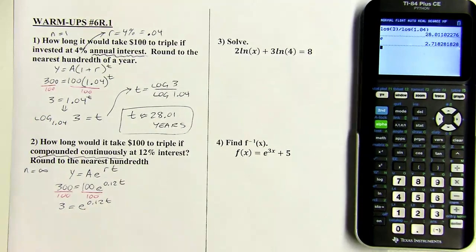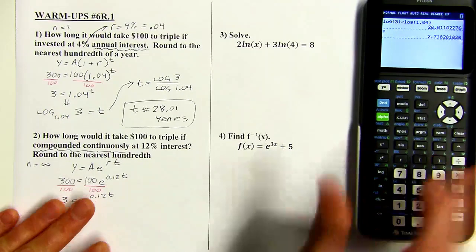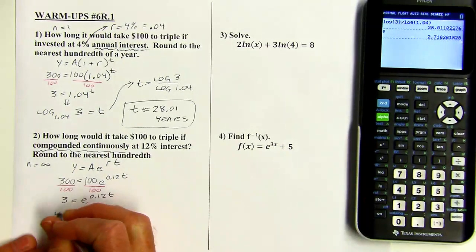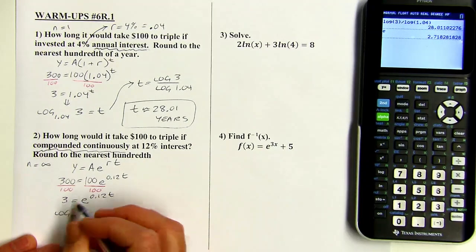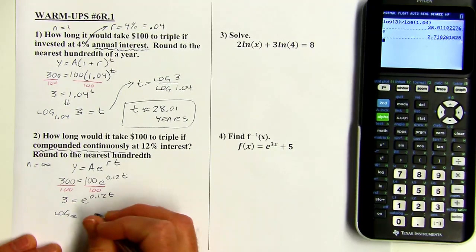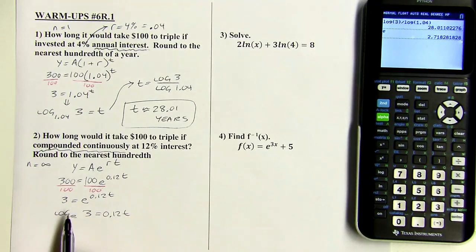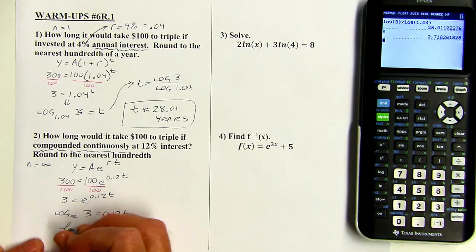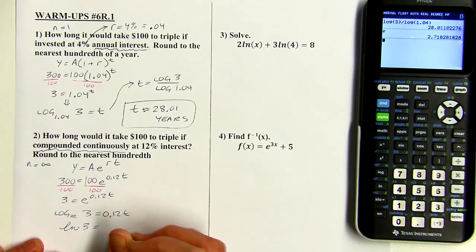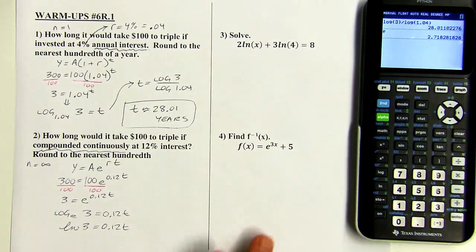And now we're going to put this into log form, okay? So in log form, my base is e. The exponent is going to get isolated, so that's the 0.12t, and then the 3 is going to go here. And when we've got a log with a base of e, that's our natural log.